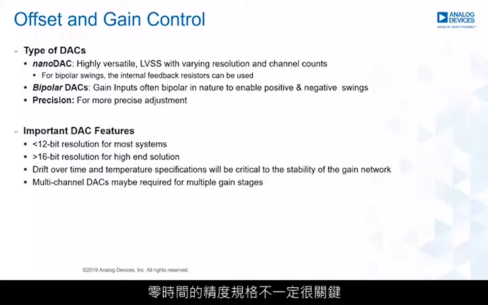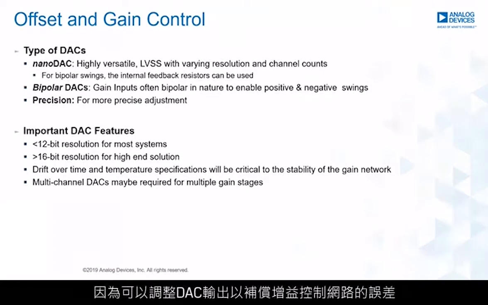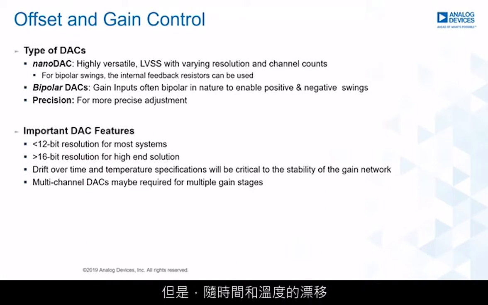Time zero accuracy specifications are not necessarily critical, as the DAC output can be adjusted to compensate for inaccuracies in the gain control network. However, drift over time and temperature specifications are critical to the stability of the gain network. One important point to consider is the DAC output stability.